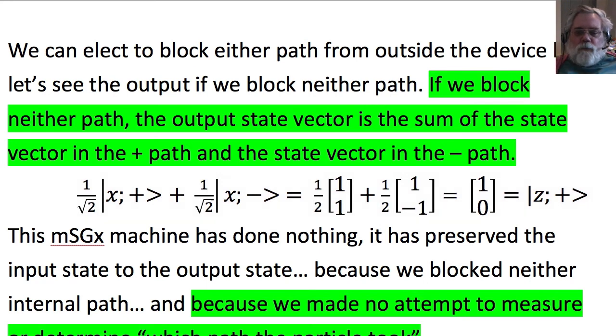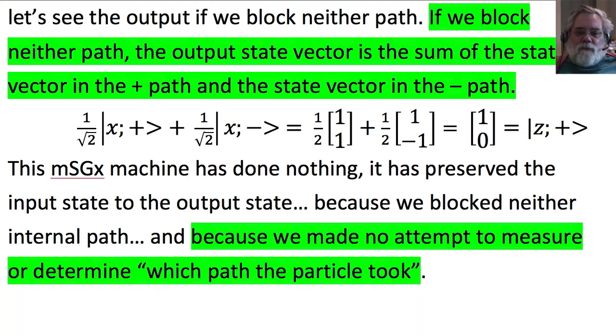So we use the projectors to tell us what's happening on the paths, and because we were not blocking either path, we then added the state vectors together. And in the end, this modified SGX machine did nothing. It preserved the input state to the output state. It's a modified SGX machine, but it preserved the Z plus state from the input to the output.